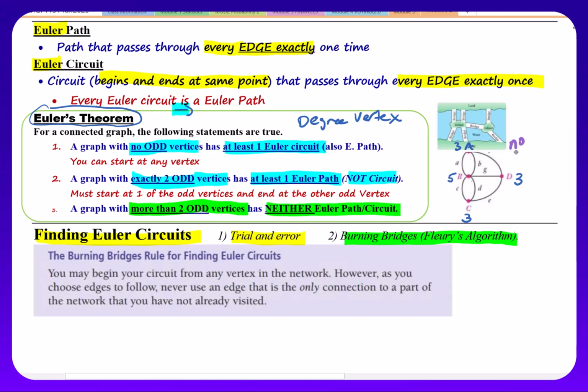So there is no Euler path. There is no Euler circuit. So this is actually a way to prove that we could not do what we wanted to do, to cover each edge exactly one time. The edges in this case were the bridges.